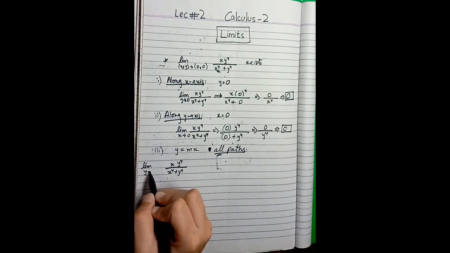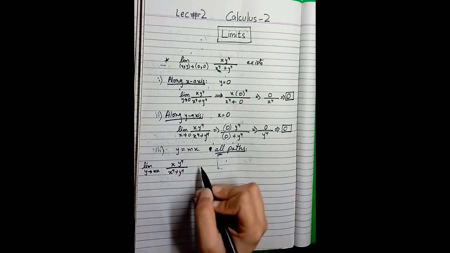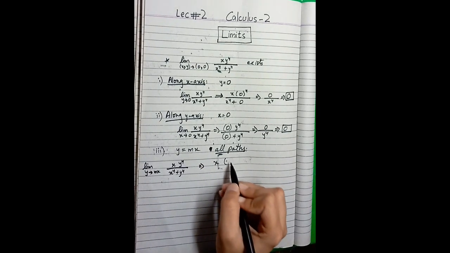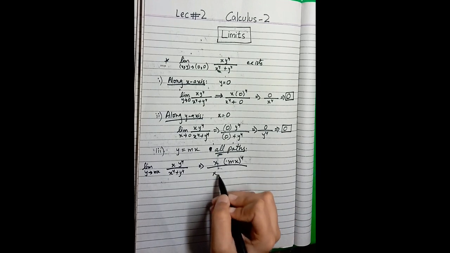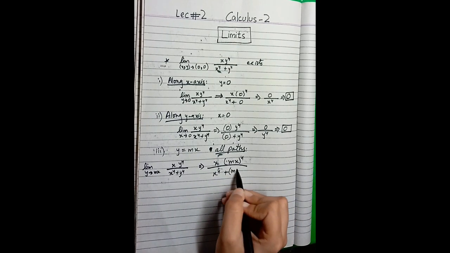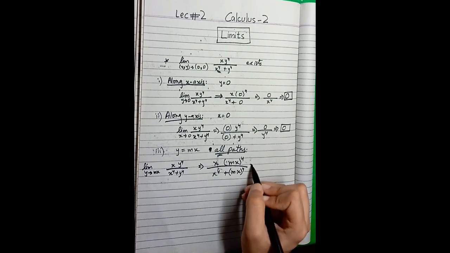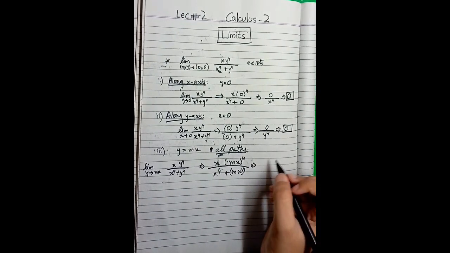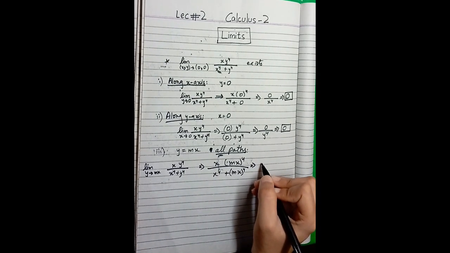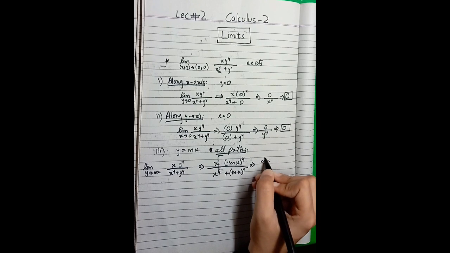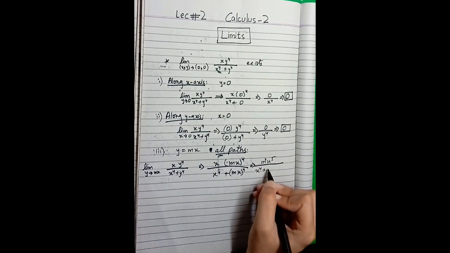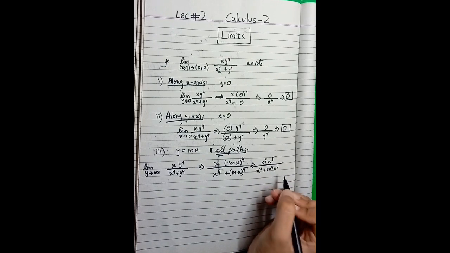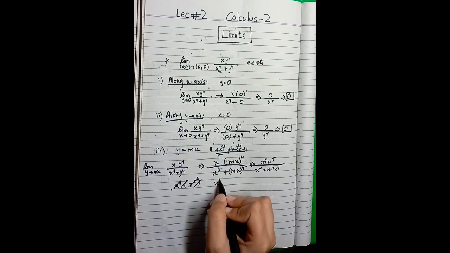What is our limit? That y approaches mx. So x into (mx) raised to power 4 divided by x^4 plus (mx) raised to power 4. By multiplying the x inside, we will get m^4 x^5 divided by x^4 plus m^4 x^4. We can take x^4 common.